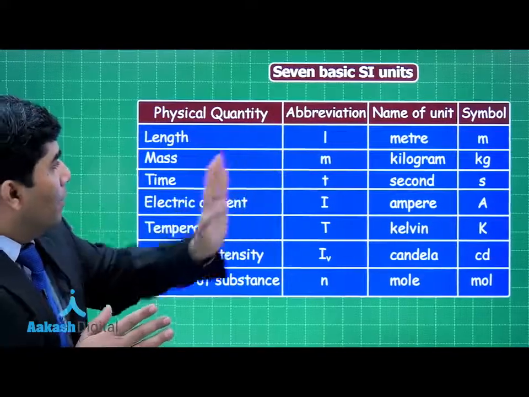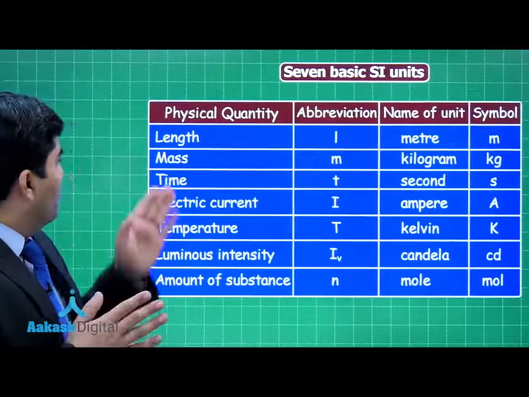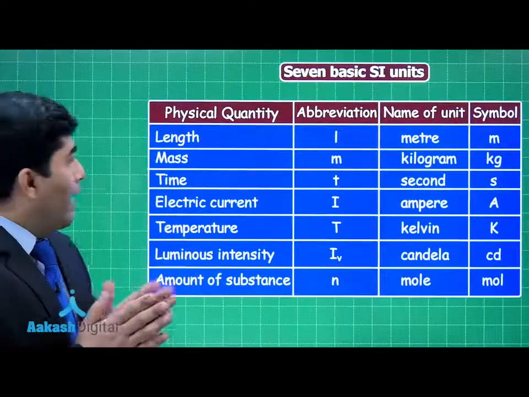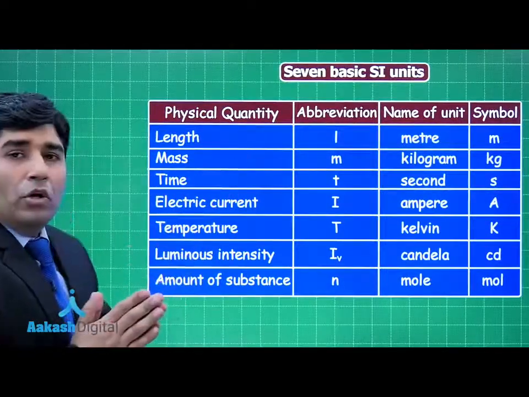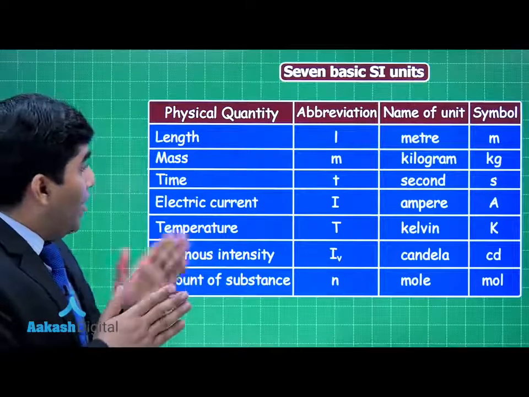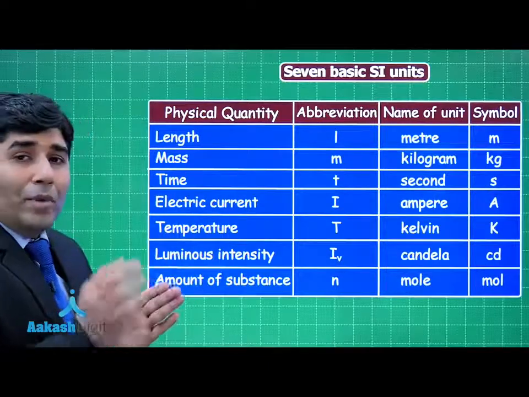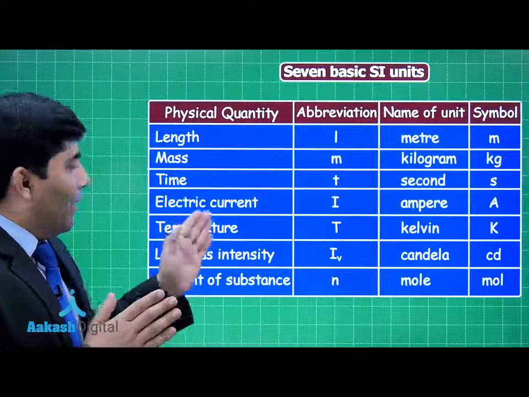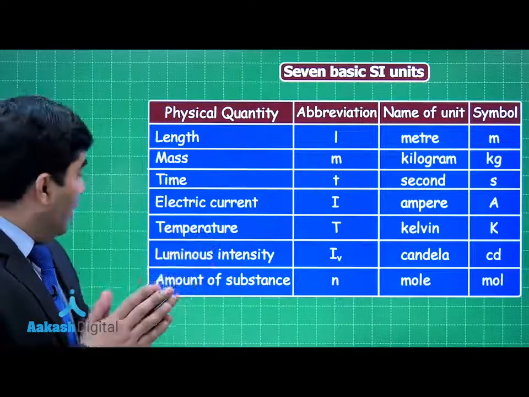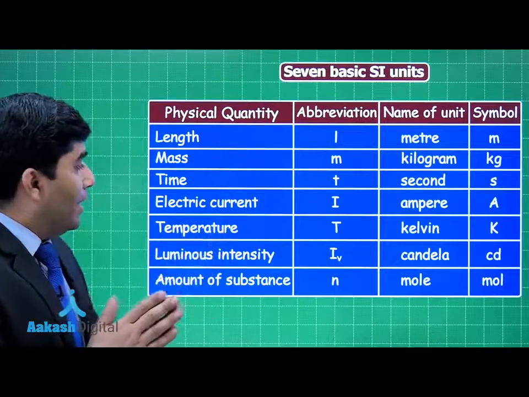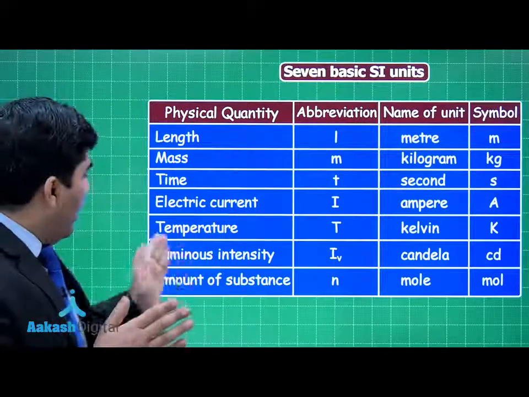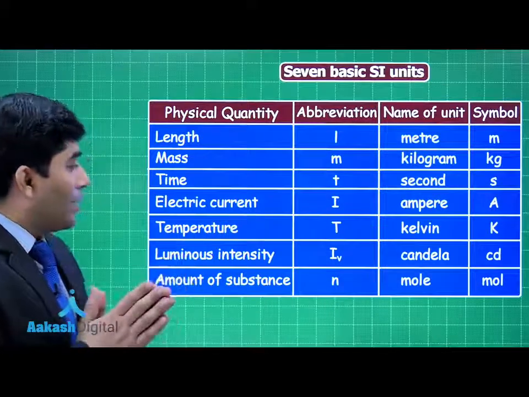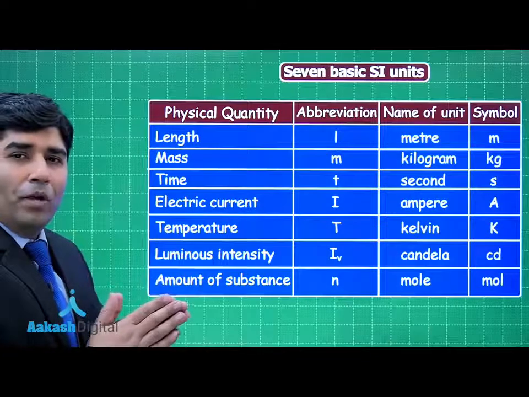Length, the unit is meter. Mass, we have kilogram. For time, we have seconds. To measure the electric current, we have ampere. For temperature, we have Kelvin. For luminous intensity, we have candela. And amount of substance, we have mole.